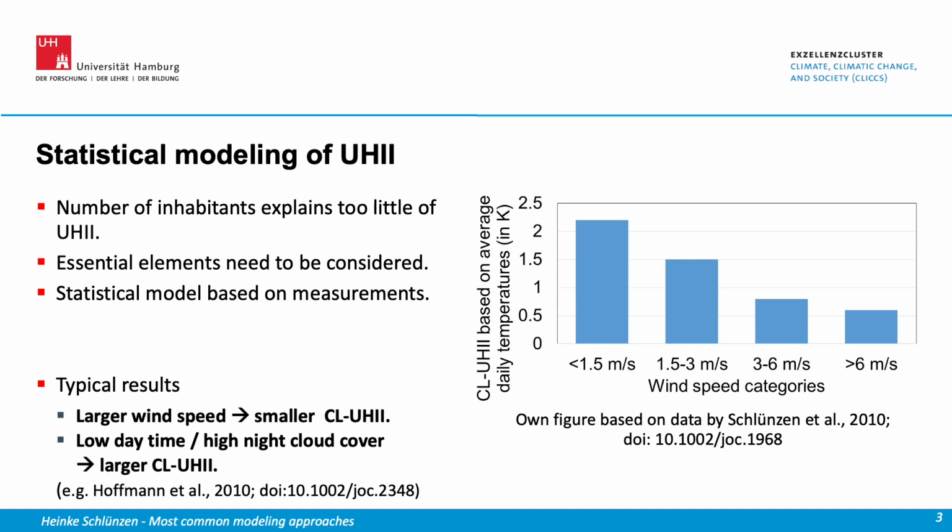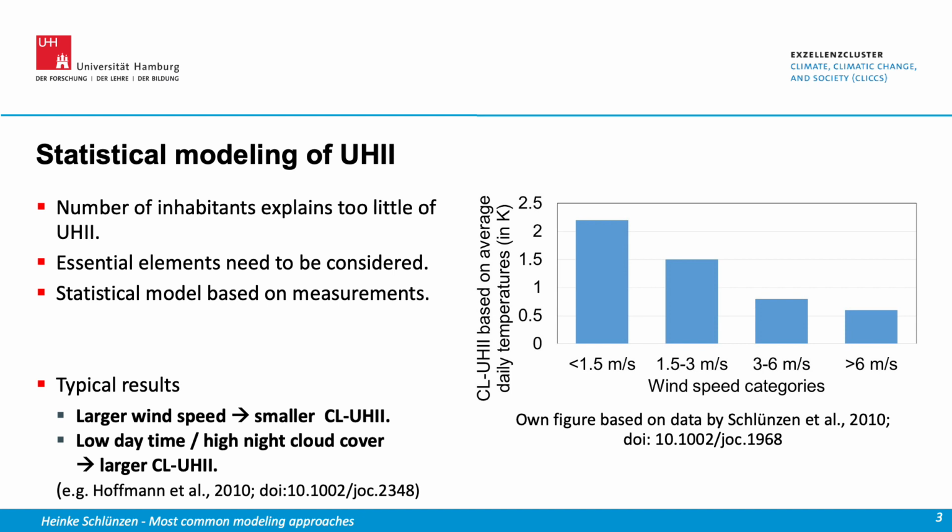As an example, you see the canopy layer urban heat island intensity for different classes of wind speed. For higher wind speeds we have larger heat exchange, so it's not a surprise that for the highest wind speeds the intensity is smallest, and it is largest for small wind speeds.